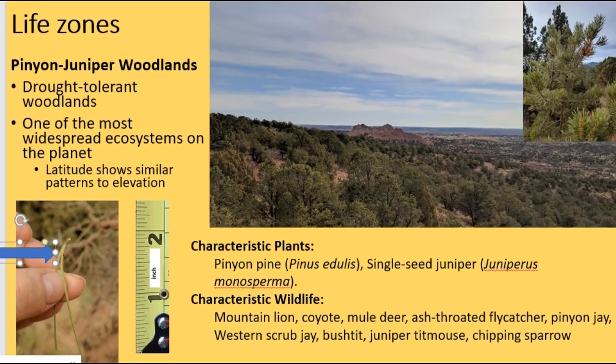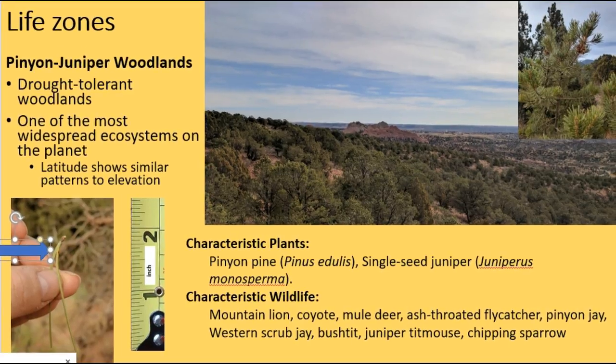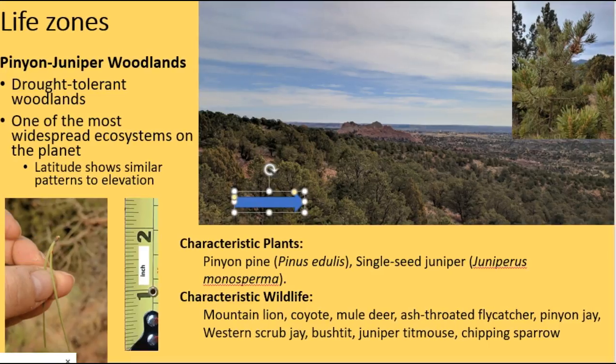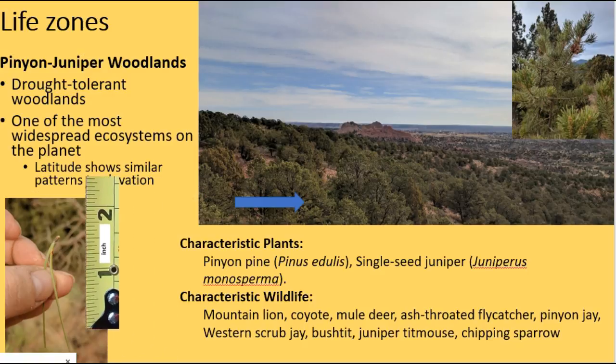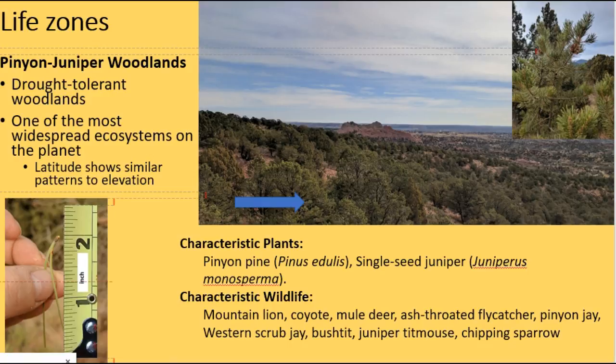Then you can also identify a pine based on the length of the needles, okay? So let me get my arrow out of here and pick up this measure. Here we can hold this up to the pine needles and see that they're about 1 to 2 inches long for the pinyon pine.